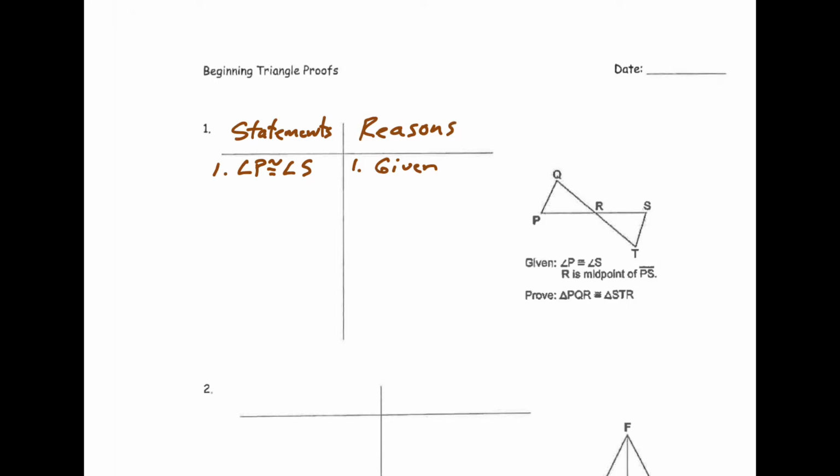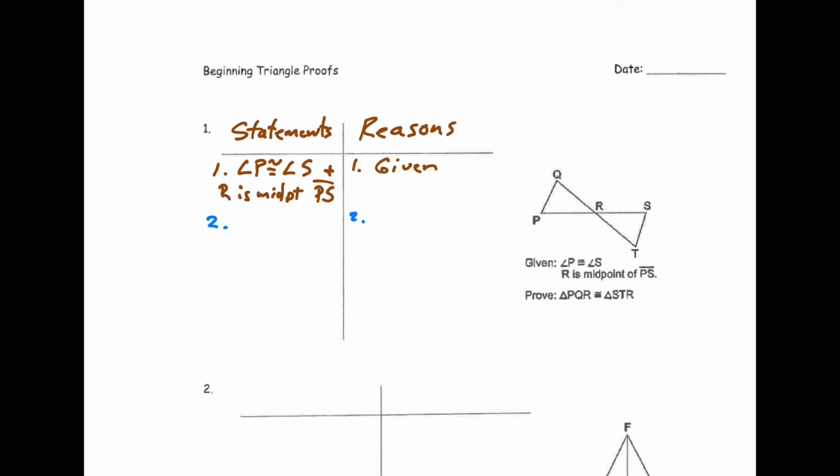So if I want to say angle P is congruent to angle S and R is the midpoint of PS, that's okay to combine that into one step. It's up to you. Sometimes if you're given steps, it'll do that. So just keep that in mind.